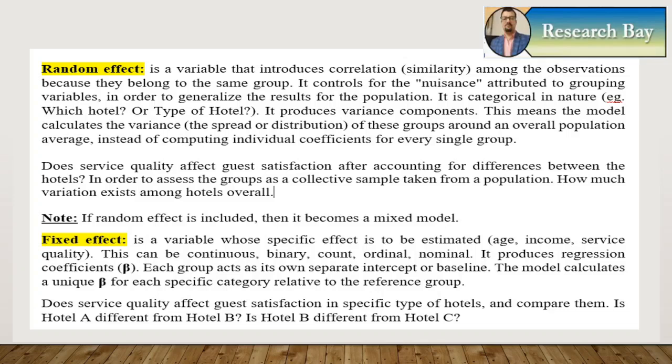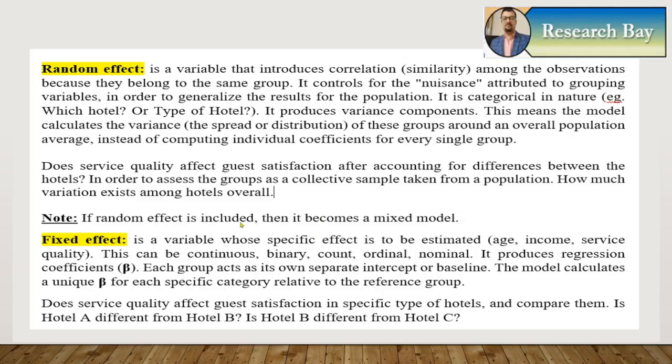But collectively, you are analyzing the data of those 500 guests. Now, in order to assess the groups as a collective sample taken from the population, we say how much variation exists among hotels overall. So here in this case, we include the type of hotel, which is a categorical variable, as a random effect in the model. And if a random effect is included, it is known as a mixed model, as I already told you.